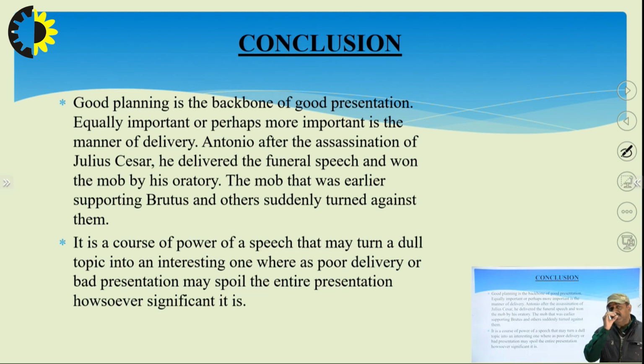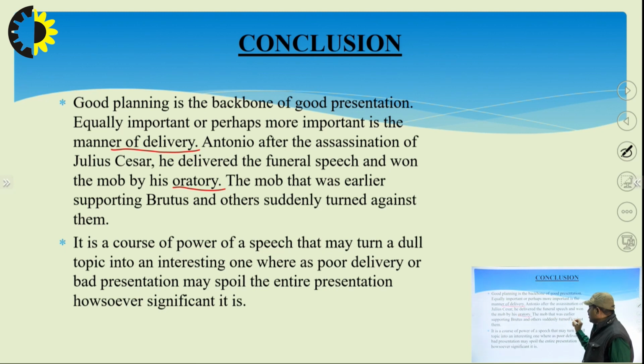So, good oratory is required during the presentation. Good planning is the backbone of a good presentation. Equally important, or perhaps more important, is the manner of delivery. Antony, after the assassination of Julius Caesar, delivered the funeral speech and won the mob by his oratory. This is the role of presentation or speech delivery.